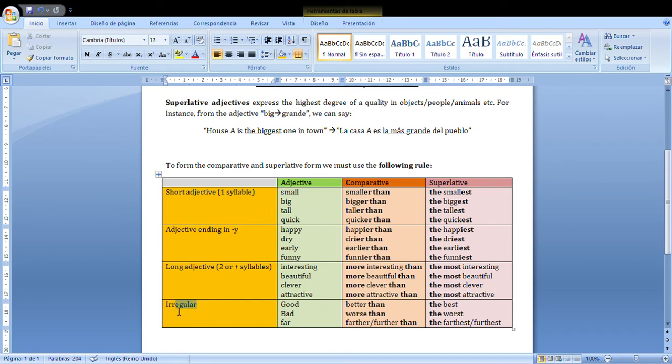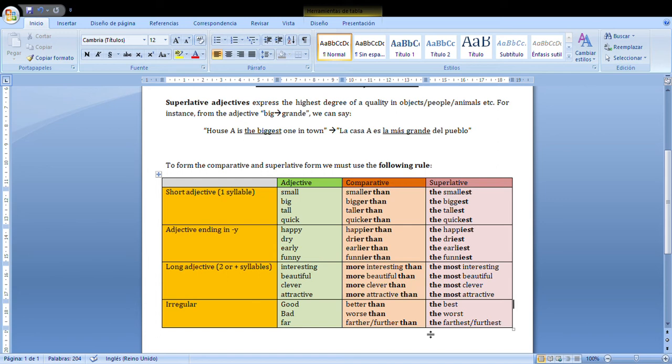Finally, there are some irregular adjectives. I've put only 3, but there are a few more, that don't follow the rule. They just do their own life. So you have to study and memorize the comparative and the superlative form of each of them.